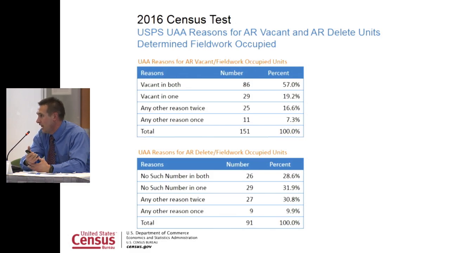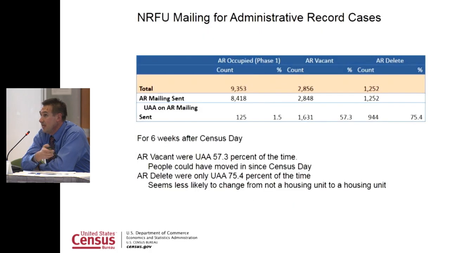So if a postal carrier indicates that it is vacant, how can we be more confident in that? Plus, we're also talking changes to our contact strategy, which address this as well. And it kind of has similar results with the delete cases. So one of the things we had mentioned with the 2016 census test is that we were doing the additional mailings.